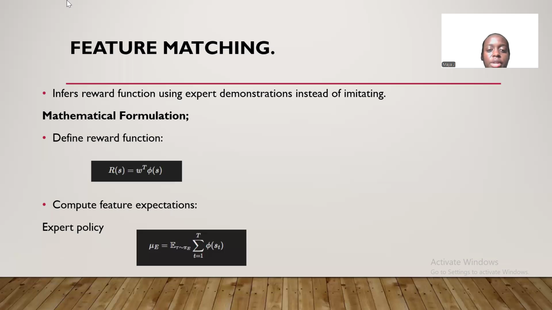For example, if you want to deploy an agent into the environment, let's say a robot, and you want it to perform certain actions, you could teach it or make it learn using imitation. First, you could hold onto its arms and show it what to do, or you could do what you want it to do and it will do it. But it will do it exactly as you do it, and it won't have any reasoning behind why you're doing that action and what you're trying to achieve.